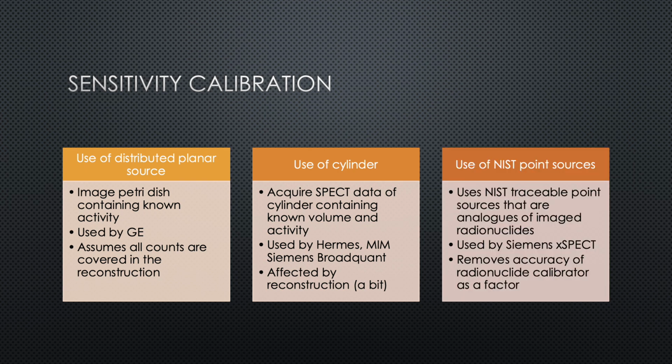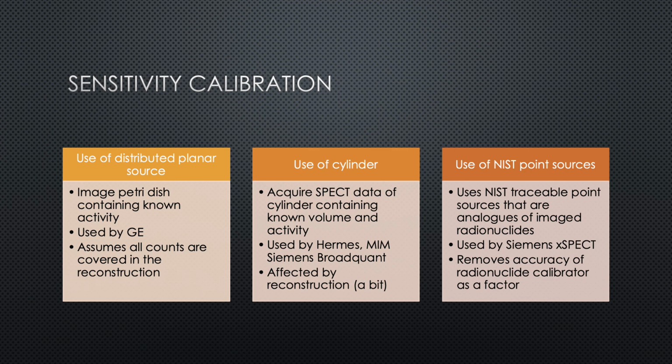The third method is the use of NIST point sources. So this is actually only specifically for Siemens scanners at the moment. What this method uses, NIST is a metrology lab, a primary standard. So it can produce sources, or can tell you with great accuracy the activity in your sources. So they transport and provide you these sources that are analogues of the imaged radionuclides.